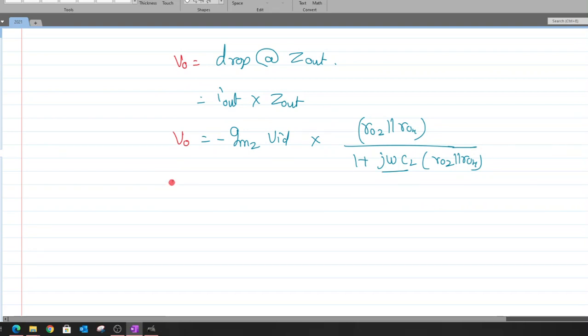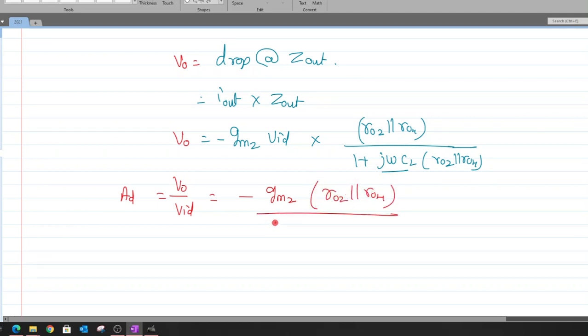So from here we could calculate the differential gain transfer function as minus GM2 times RO2 parallel RO4, and the whole of this gain expression is then divided by a denominator given as 1 plus j omega times RO2 parallel RO4 times CL.